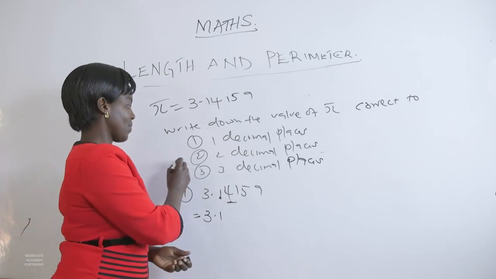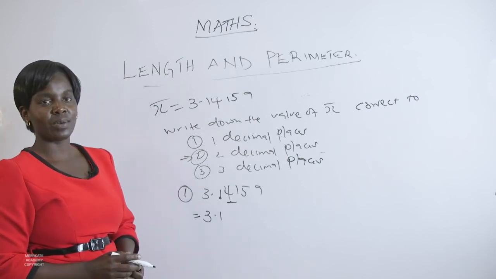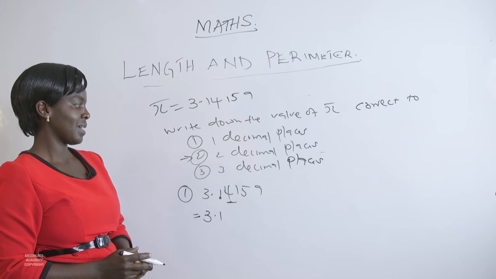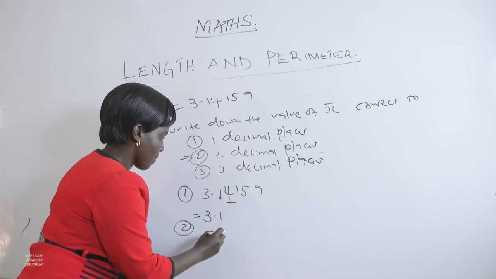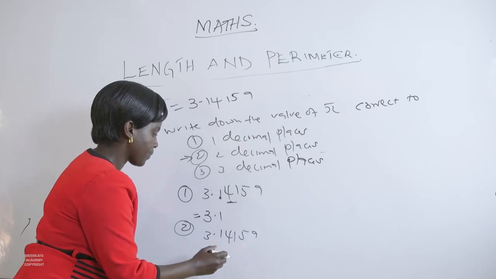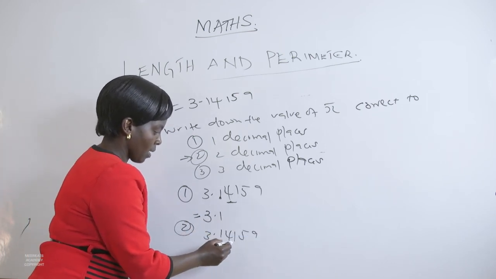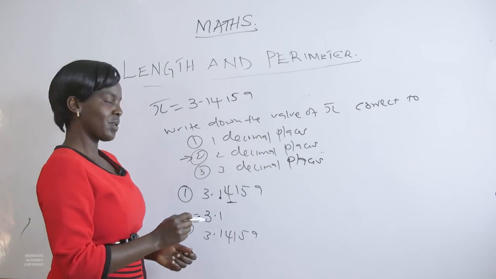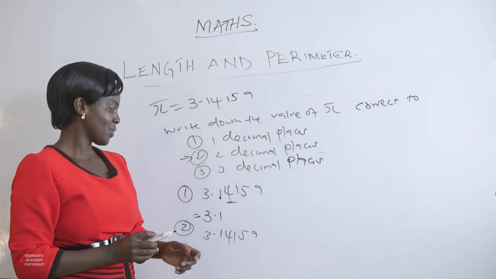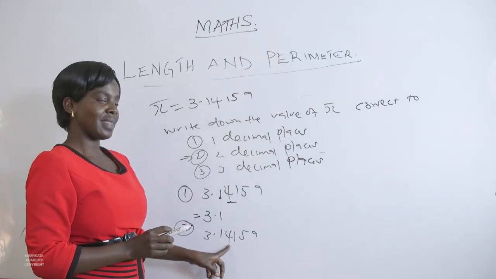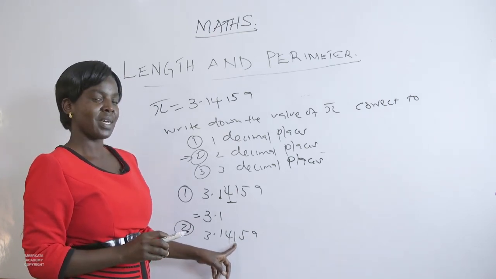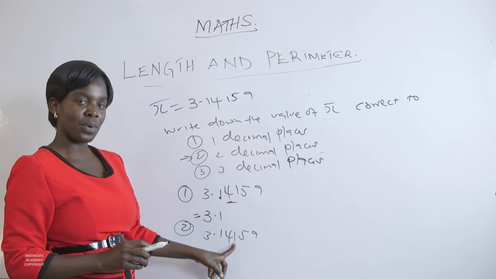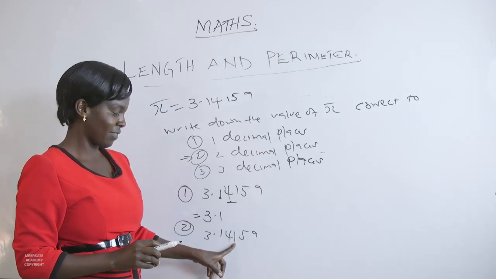What if we are asked to round it off to 2 decimal places? We count up to the second decimal place and then go to the next value, check again if it is more or less than 5.